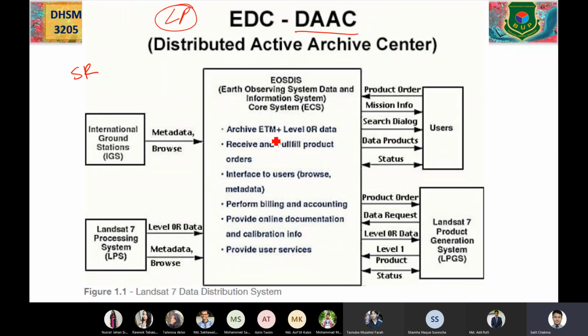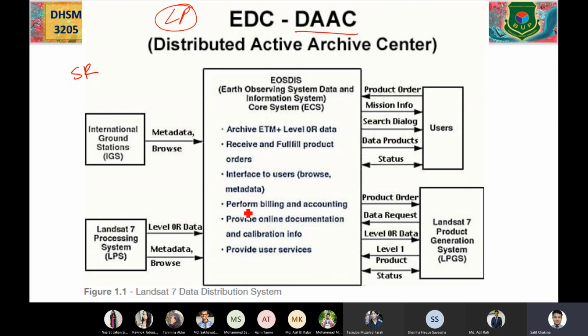So this is what these LPS does. In the system, what's happening is it archives the ETM plus, which is Landsat 7 Enhanced Thematic Mapper plus, level of data, etc. Receive fulfill orders. Okay, it gives you the interfaces, the browser, and it provides you the metadata so that you can look into the metadata and check whether it fulfills your needs or not.